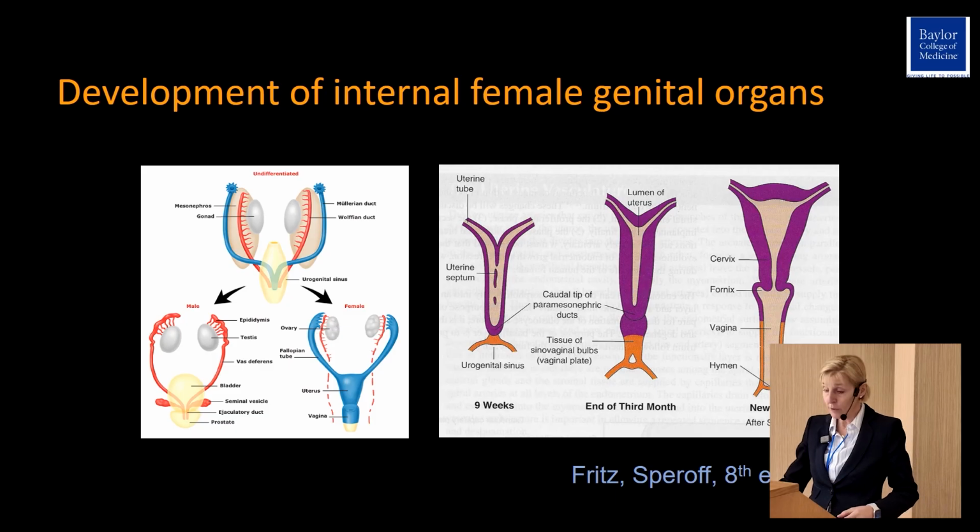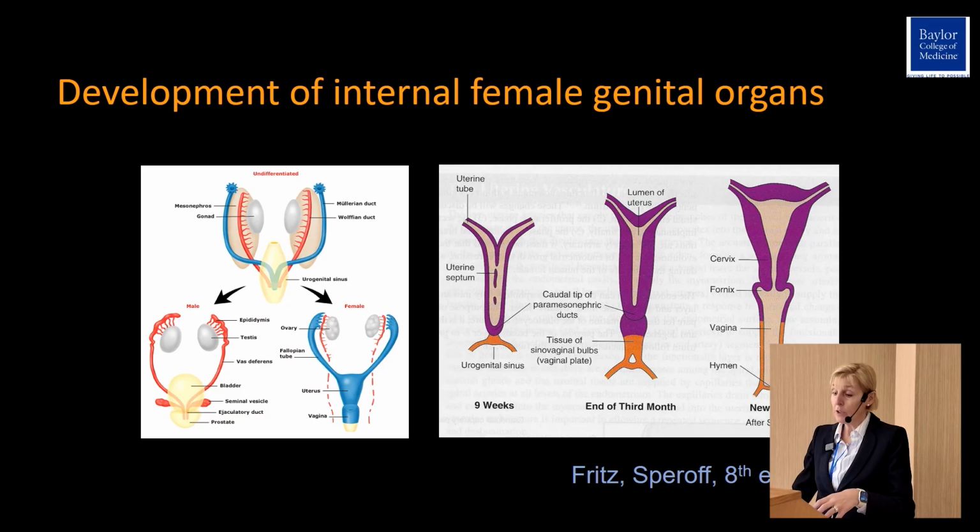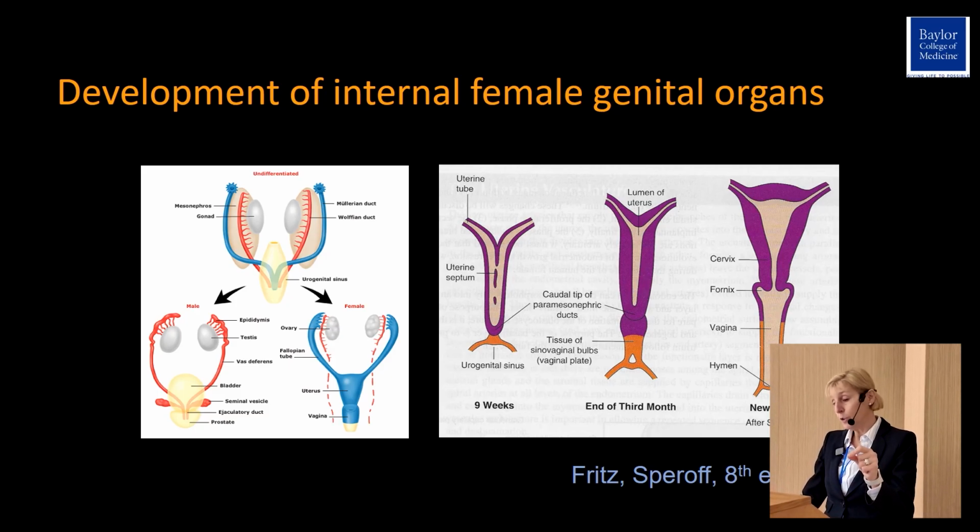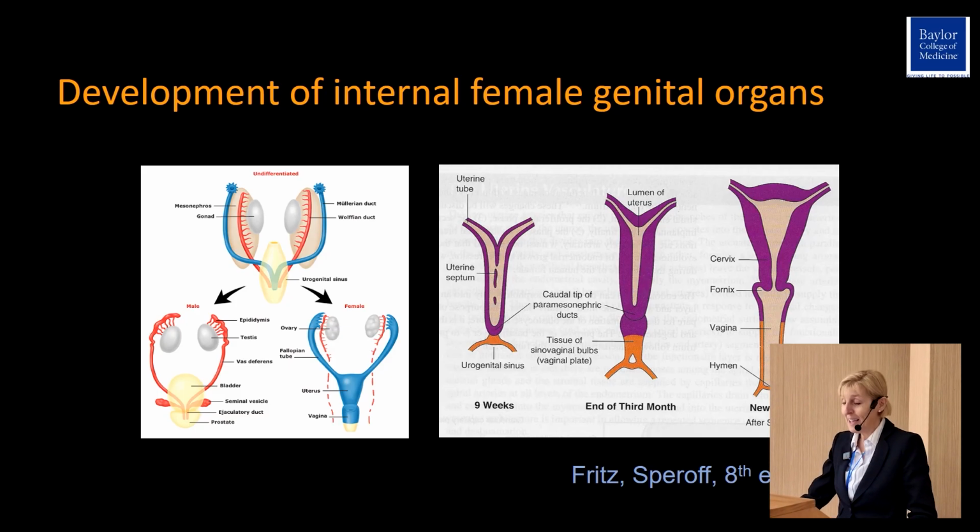If you want to follow the structures in blue on the left, you can see how the Müllerian ducts are completely separate in the very beginning of life, and then they fuse together to form the body of the uterus and the upper 2/3 of the vagina. And also, of course, the tubes.